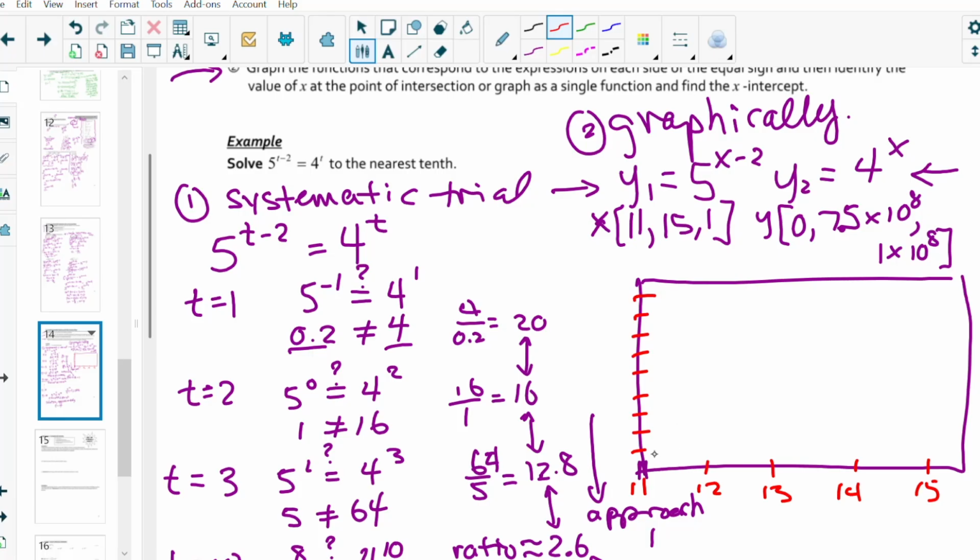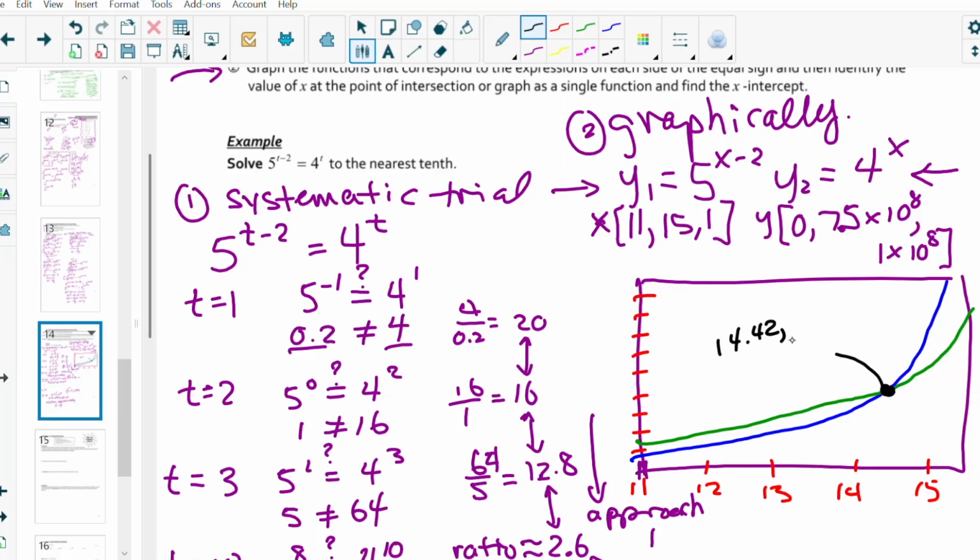I get two graphs that look something like this. And then I get my intersection point here. If you grab that intersection point, that's roughly 14.42 and 4.84 times 10 to the 8th.